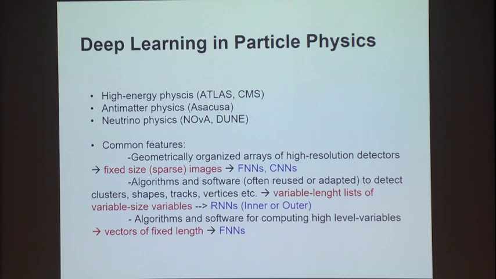And you can use convolutional networks, or you can use other types of networks. The questions you want to ask there are, first of all, does the geometry of the detector change things, right? If it's not planar, if you have detectors on a sphere, for instance, do you have to worry about the curvature of the sphere? Does it have any effects? And you want to worry about invariances.